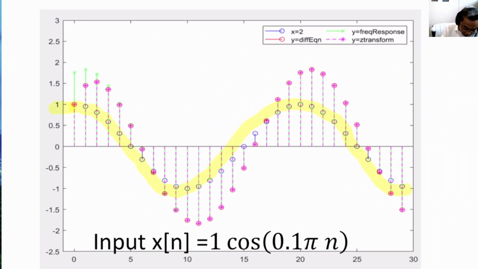This green guy is the steady state response, and I'm going to shade the transient in red. In the beginning, the red and green bars don't meet because the transient has not died down yet, but after maybe 5-6 samples, the green bars and the circles meet and they become the same.